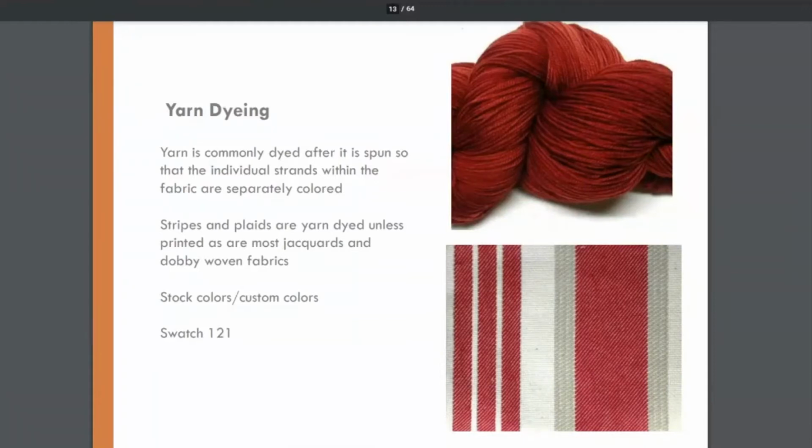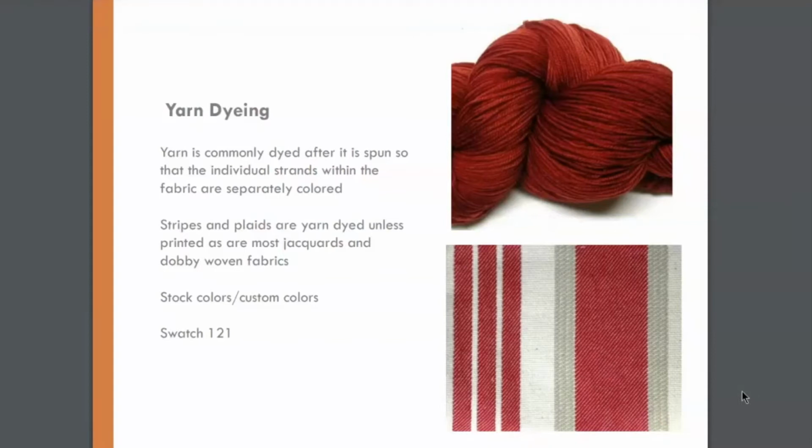In this fabric, the different colored yarns are in different directions on the fabric. This is a jacquard pattern. Jacquard patterns along with checks and plaids are usually yarn dyed. So swatch number 121 is basically saying the same thing I really want you to understand here: that pattern is created through the weaving process in different colored yarns.